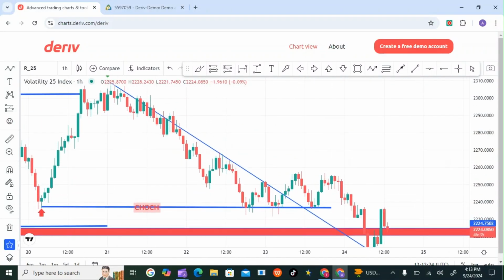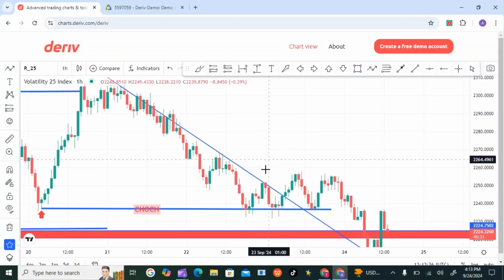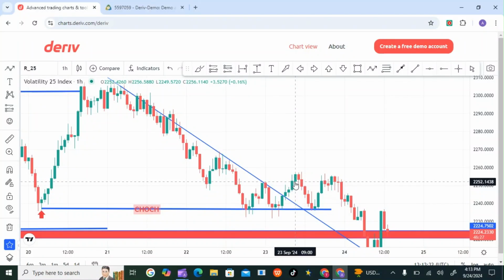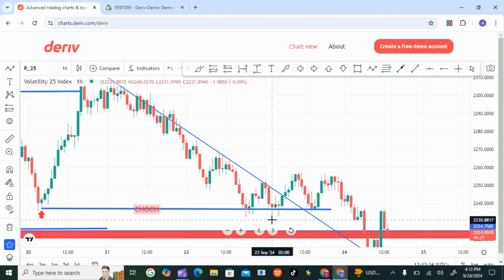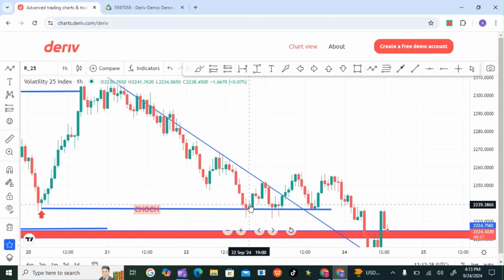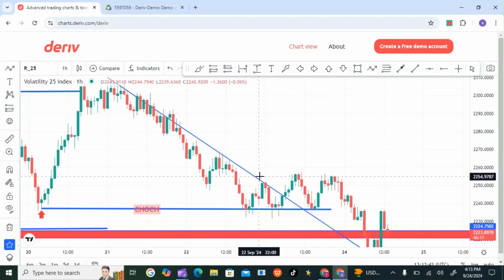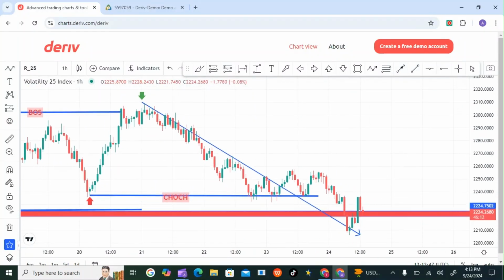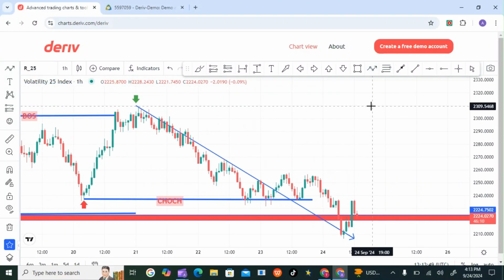Let me zoom out. You have to have more than 3 candlesticks of the same color, and then it can be considered a lower low. So I had put my lower low here and I had not noticed that these were 2 candlesticks of the same color, not 3. So with that, let's again draw that structure of the lower low and higher low.